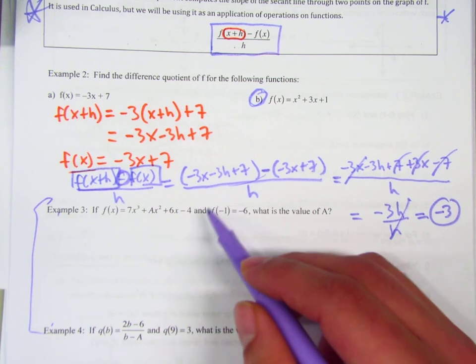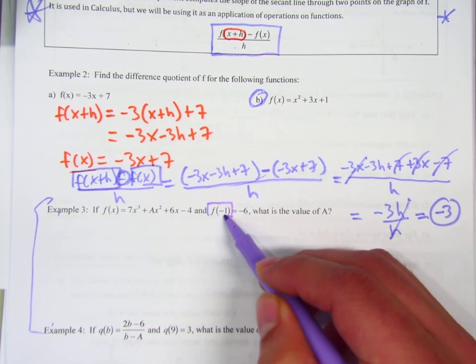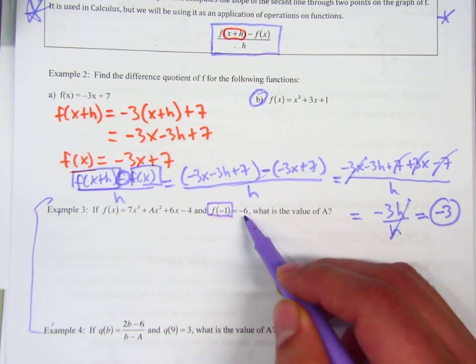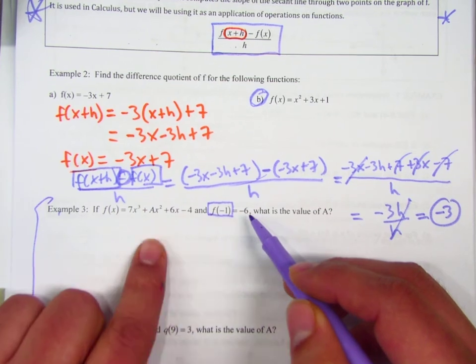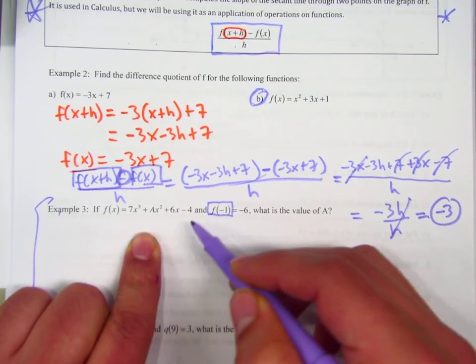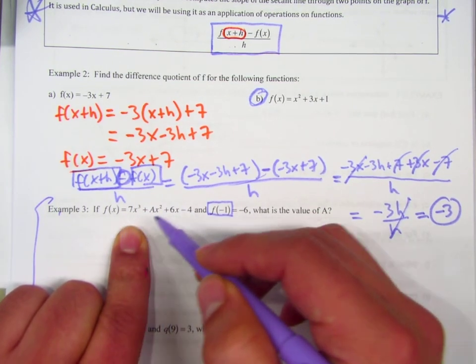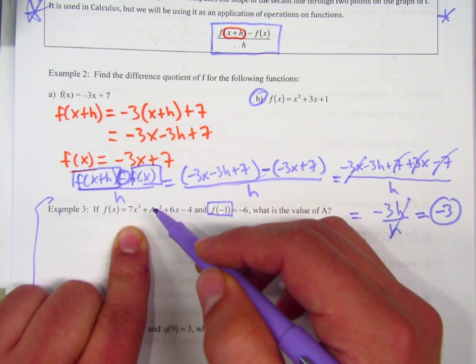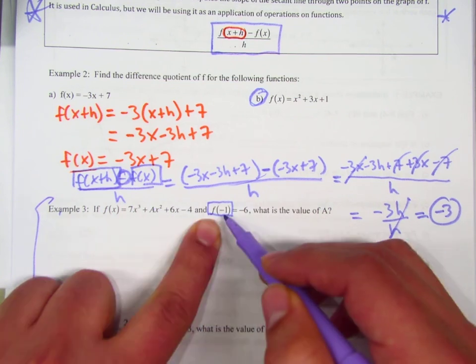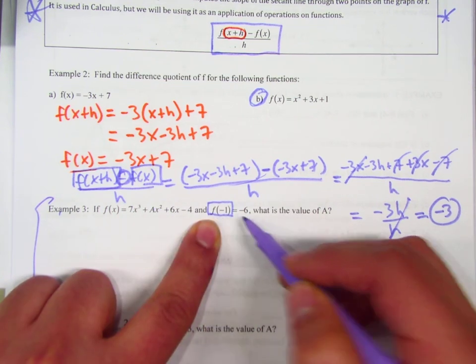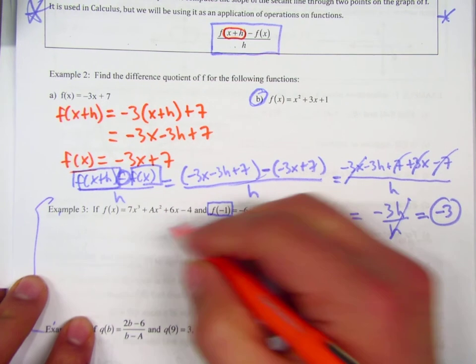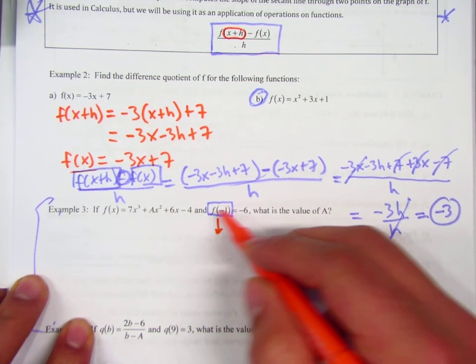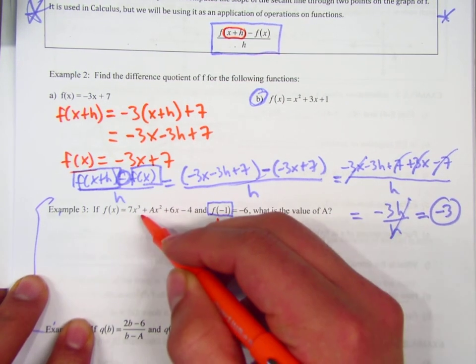So on this side, we have f of negative 1, and we know that we should get negative 6 for our answer. Here's my rule, okay? The only thing that looks weird about this is that I don't really know what that a is, okay? But since I know that f of negative 1 is negative 6, we can find it, okay? So f of negative 1 just means plug negative 1 into x, right?